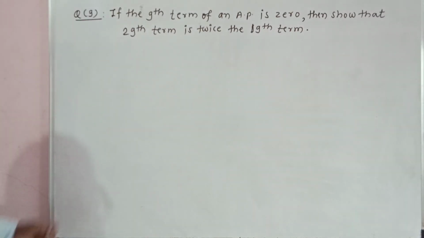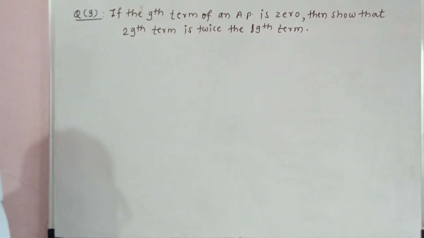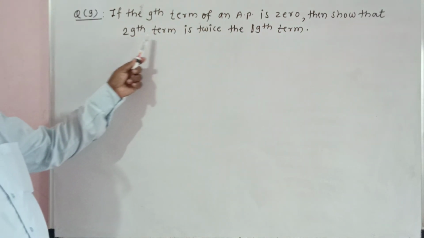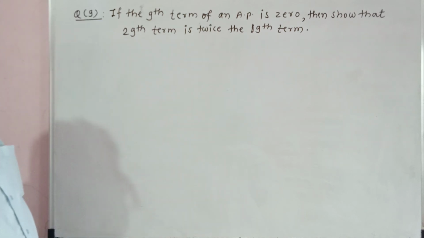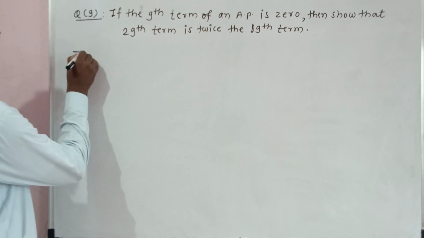Question number 9. If ninth term of an AP is 0, then show that 29th term is twice the 19th term. Now let's solve this example.